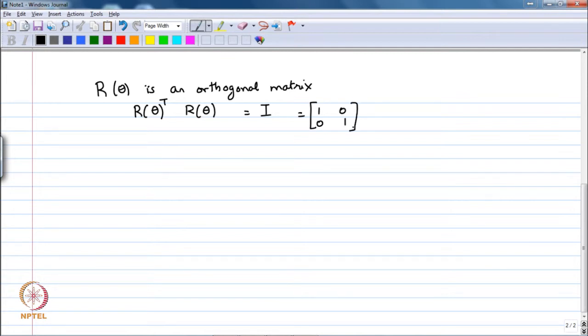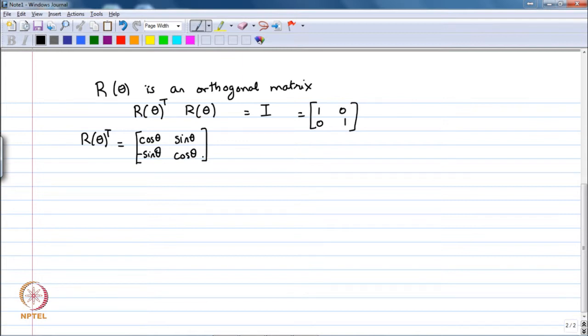So now what is R of theta transpose? R of theta transpose is basically cos theta, sin theta here, minus sin theta here, and cos theta.